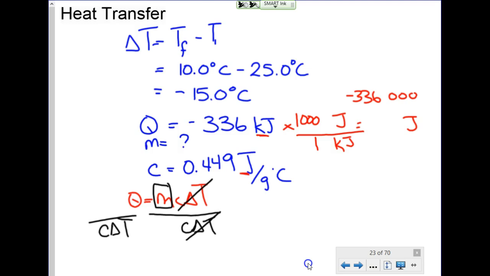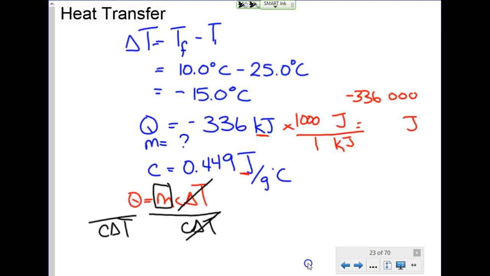I can make M my X. Then multiply by 0.449 joules per gram degree Celsius times the temperature change by negative 15.0 degrees Celsius. Then I can solve for X.